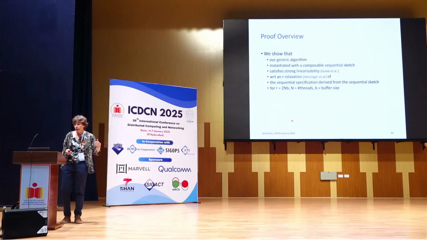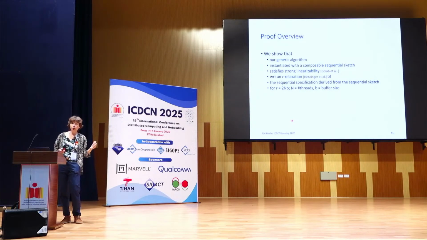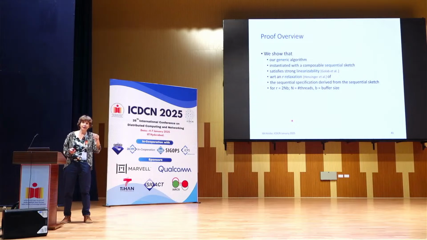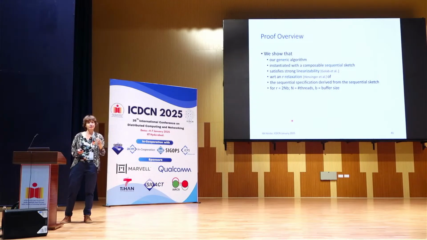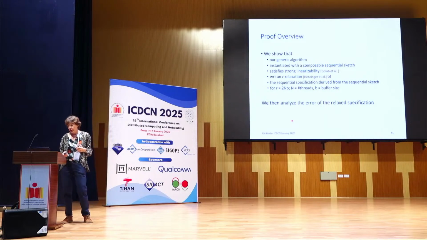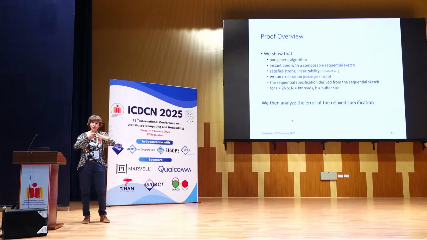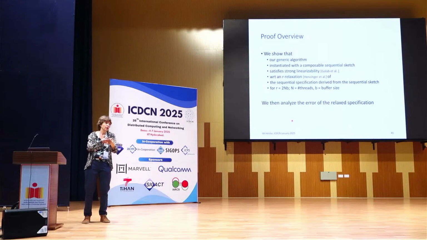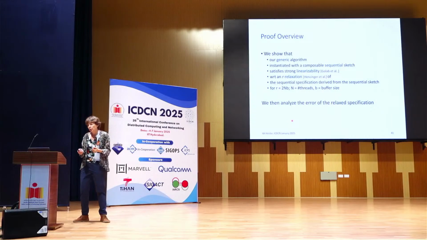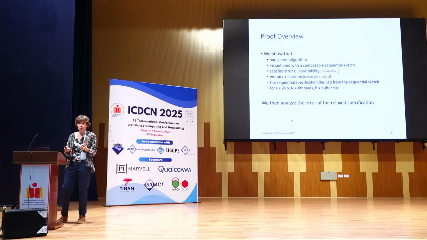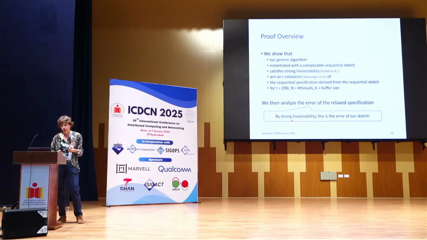So now all we need to do in order to analyze a particular sketch is to analyze the impact of the R relaxation on that particular sketch. And that's what we do. We derive the error bound: we take the relaxed specification, which is now a formal mathematical definition, and we quantify how much the error is affected by it using some statistical measures.